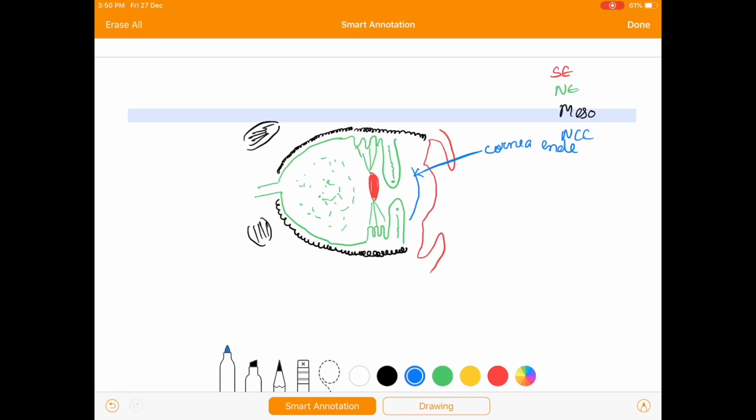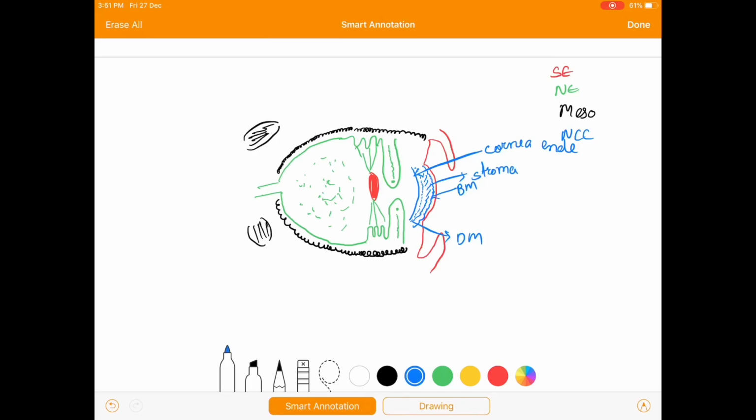This endothelium secretes Descemet's membrane. This is Descemet's membrane. Okay. Neural crest cells also give rise to the stroma and the anterior portion of Bowman's capsule. So let me draw the anterior portion of Bowman's capsule. This is Bowman's capsule. And this part is the stroma.